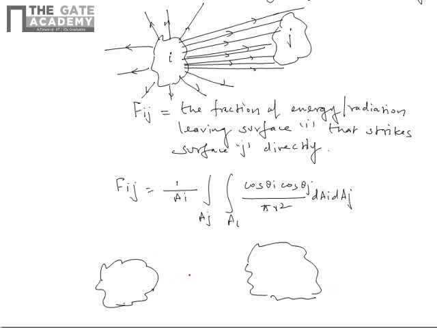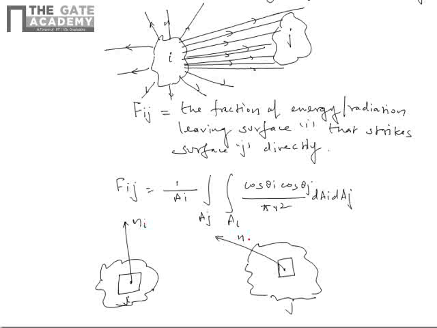Let us say this is a surface I, this is the surface J, its normal is this one, this surface is normal in this direction.